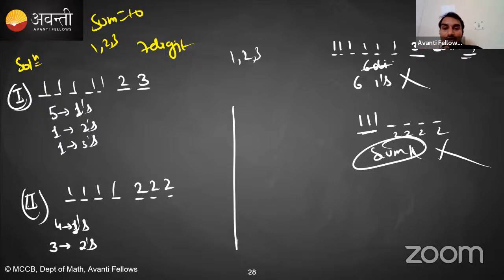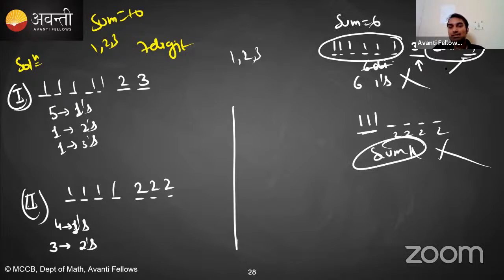What if I use 1 six times, means 1 1 1 1 1 1? So at most this sum is 6, and at most I can use 3 on the last digit. So the maximum sum can be 9, which is again not 10. So you cannot make your 7 digit number where 6 are ones.